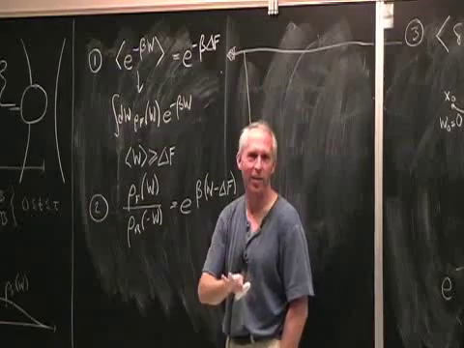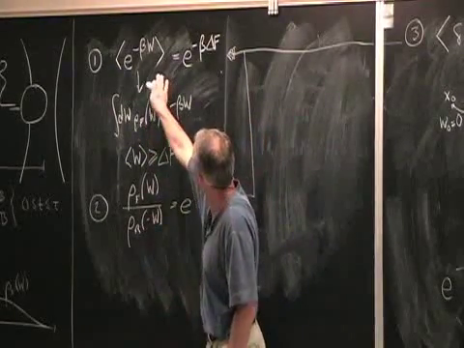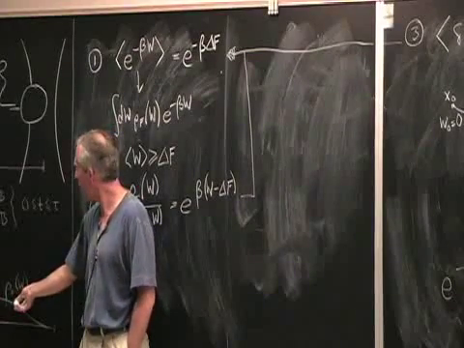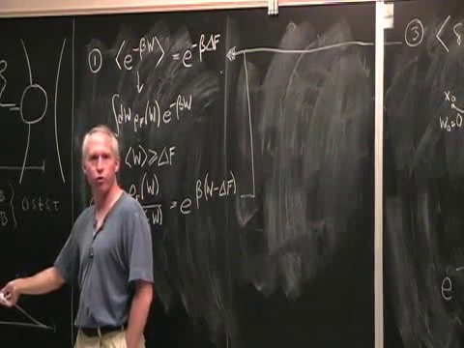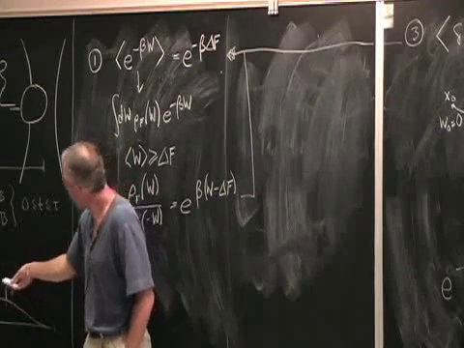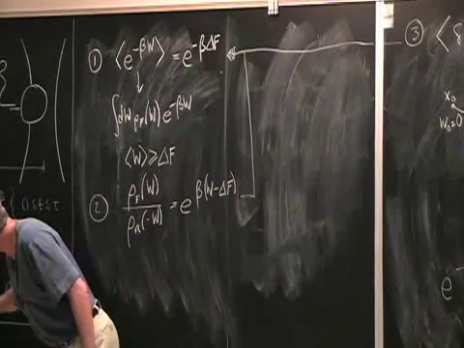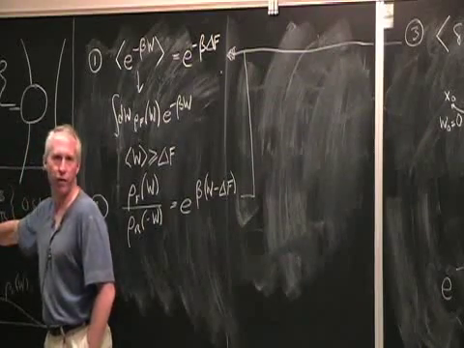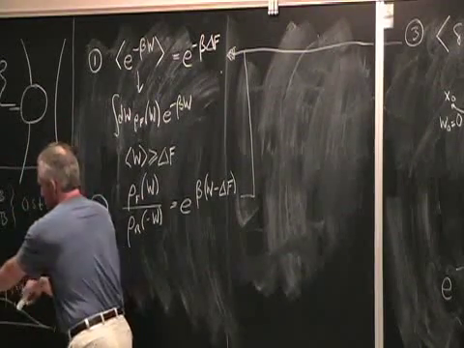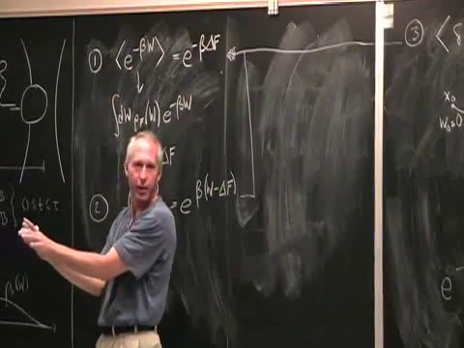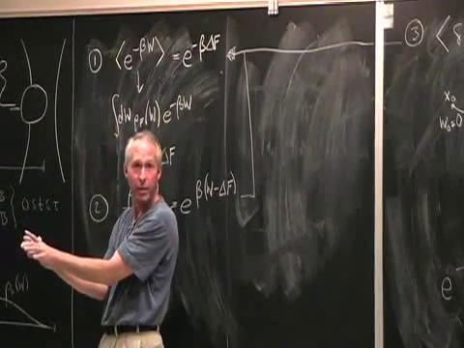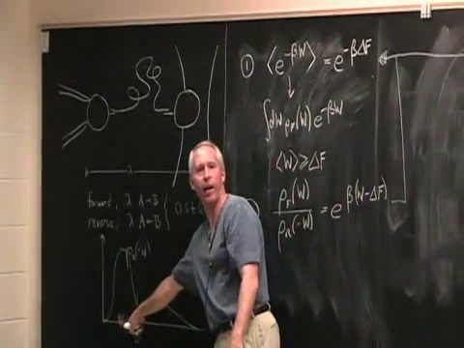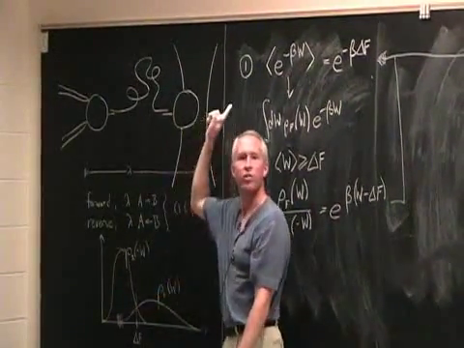If I'm trying to take this average over this distribution of work values, I have to sample from this distribution sufficiently many times that I end up sampling the region of work values that are typical of this distribution over here. These two distributions, by and large, have very little overlap with one another, which will typically be the case for large systems. That means I'm going to have to sample very, very deep into the tail of this distribution in order to get this to converge.